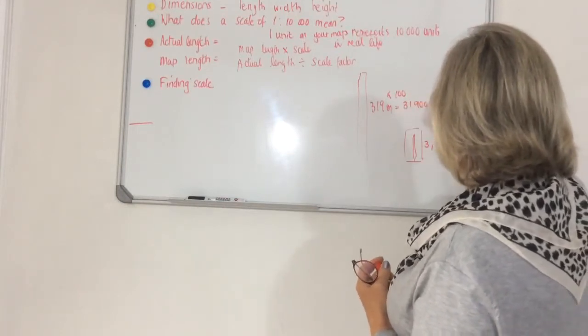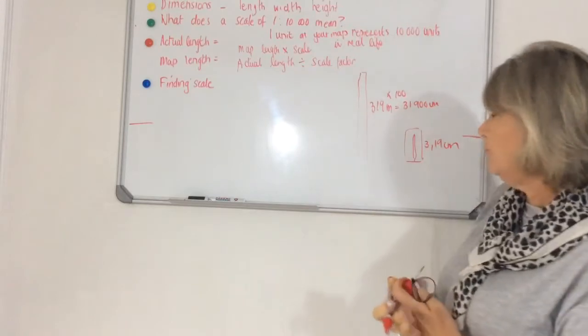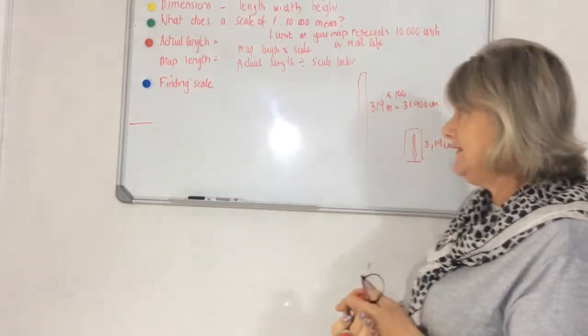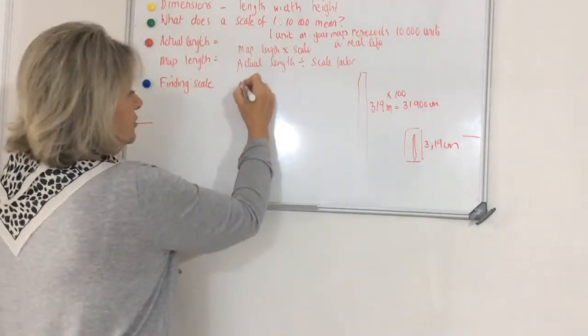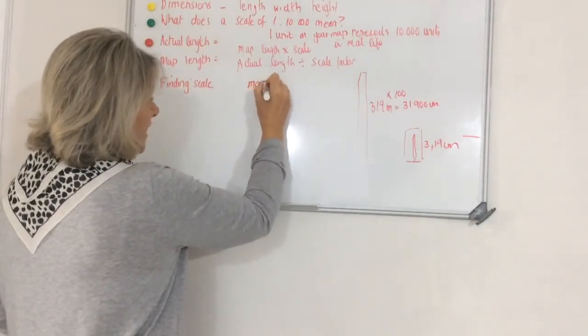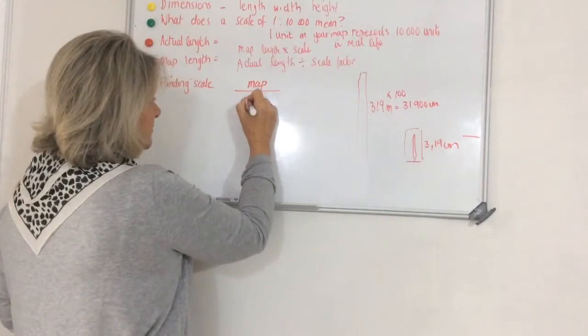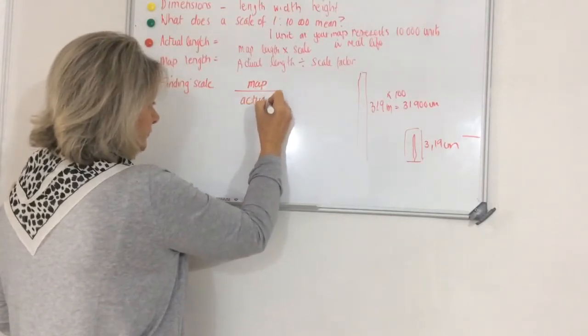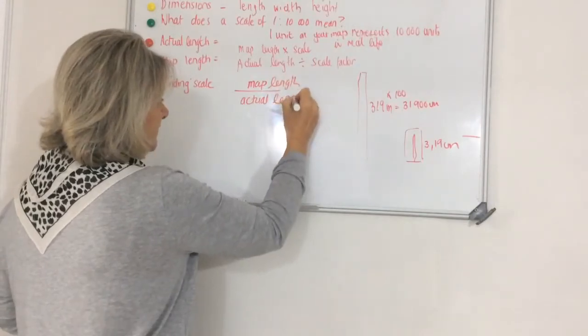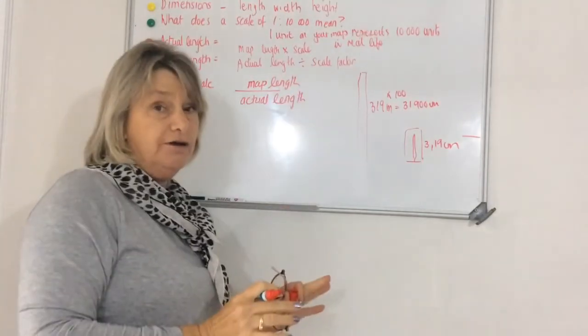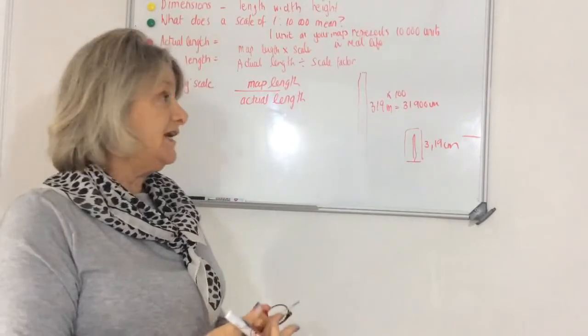So the actual building is 31,900 centimeters, and our drawing is 3,19 centimeters. To find the scale, you take your drawing or your map or your plan length and divide by the actual length, after you have converted to the same unit.